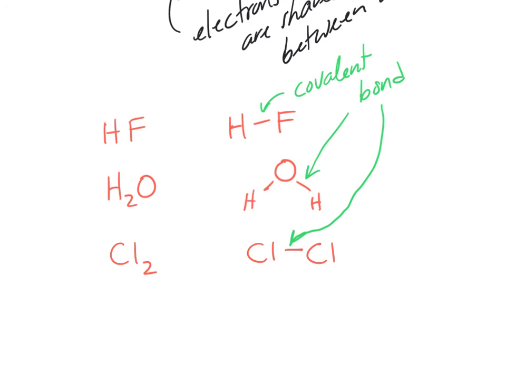In fact, all of the lines in these molecules represent covalent bonds. There's water, H2O, and it has two covalent bonds, a covalent bond between the oxygen and hydrogen and a covalent bond between oxygen and hydrogen. Here is a diatomic molecule called chlorine, and there is a single bond between the two chlorine atoms. That is a covalent bond.